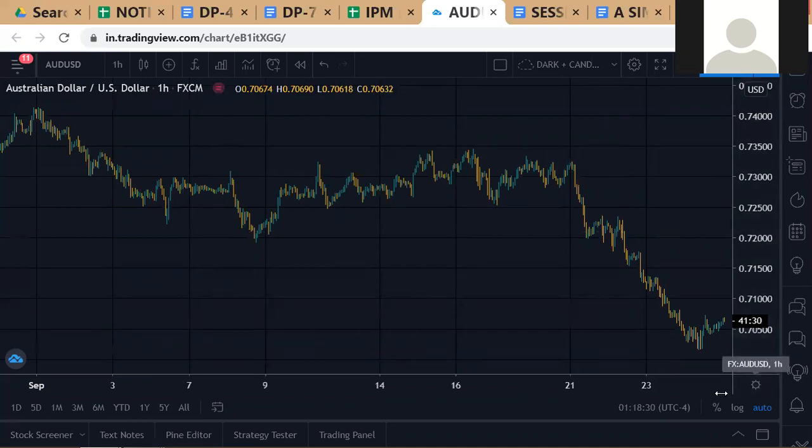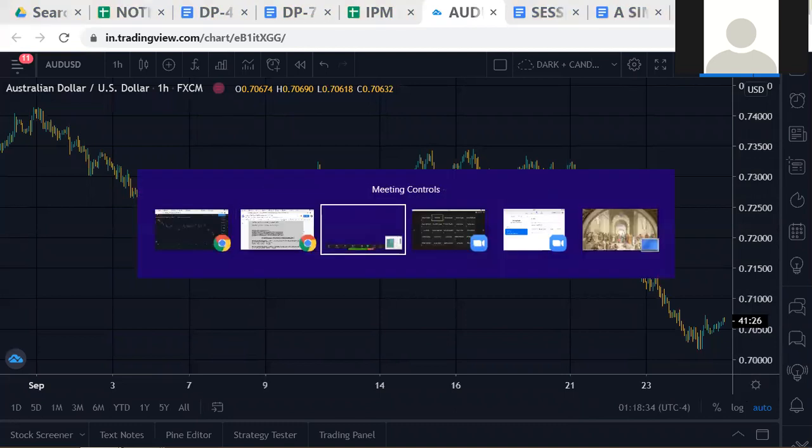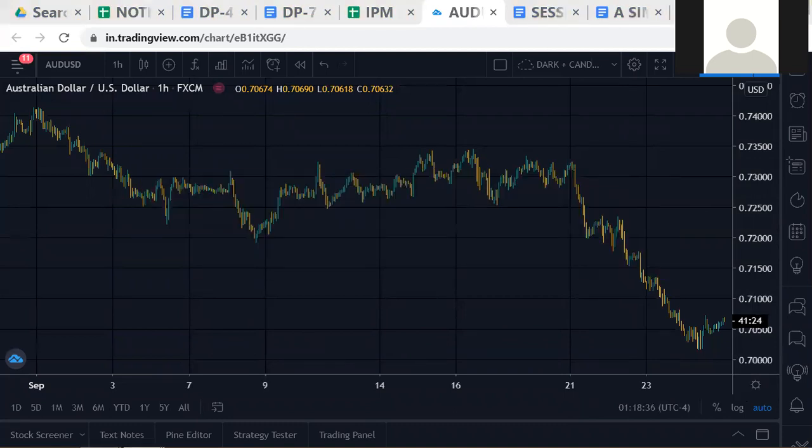Now, let's just test the understanding of base asset and terms asset, and we see how well people have done the readings. Let's ask Raghav. Raghav, in the Aussie US currency market, which is the base asset? Yes, Raghav is sleeping.